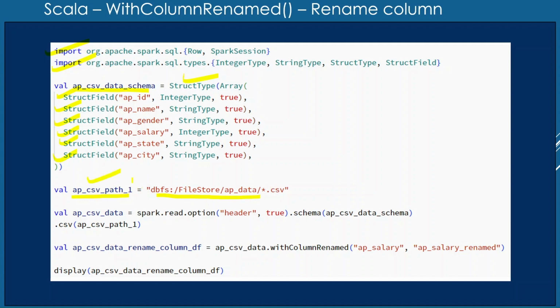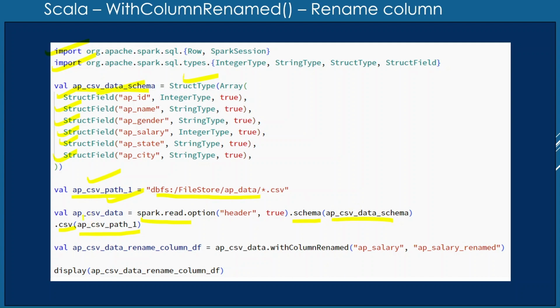This variable will hold the address of the CSV file which we are going to read with the help of the spark.read.csv function. We are passing this address, and we are reading the CSV file with the custom schema we have defined here.